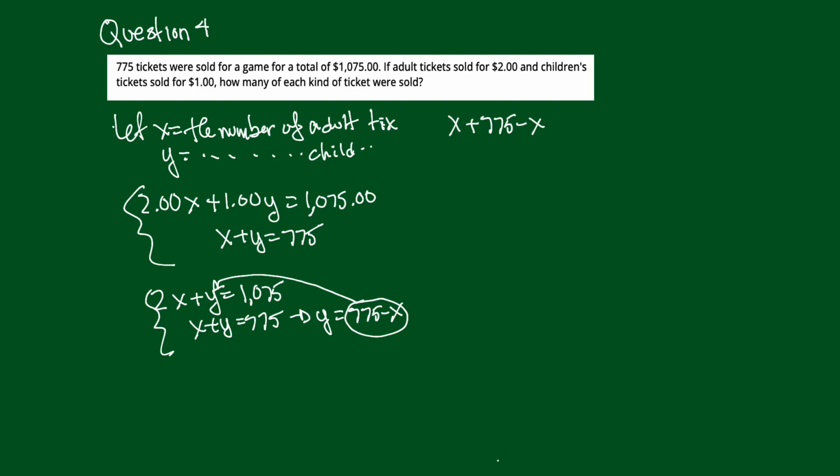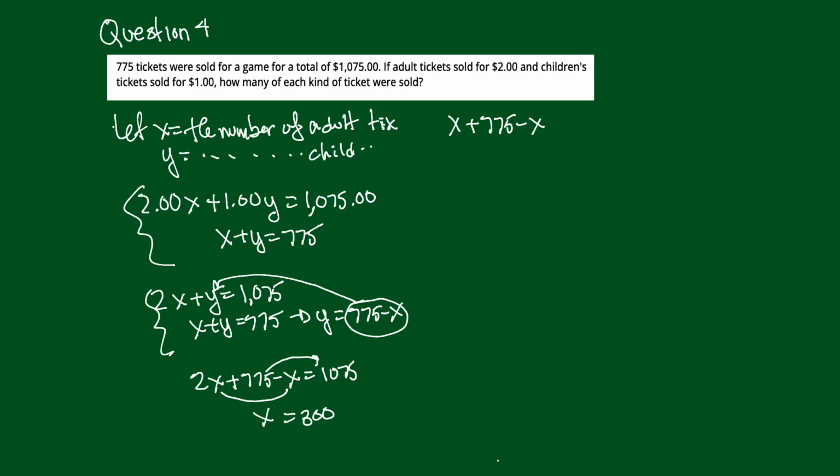So this gives us 2x plus y, but y is 775 minus x. That's equal to 1075. Now, 2x minus x is x. Subtract 775. I got 300.